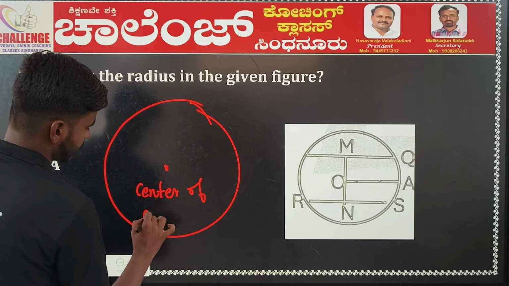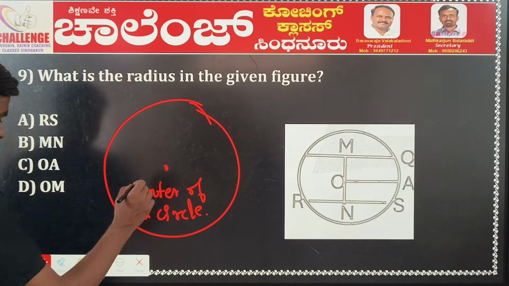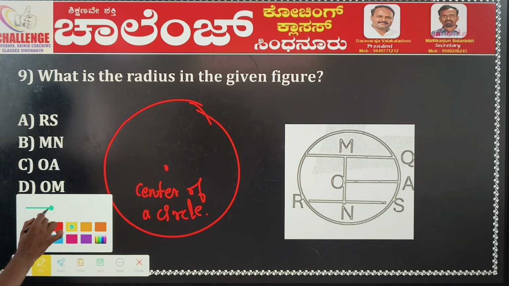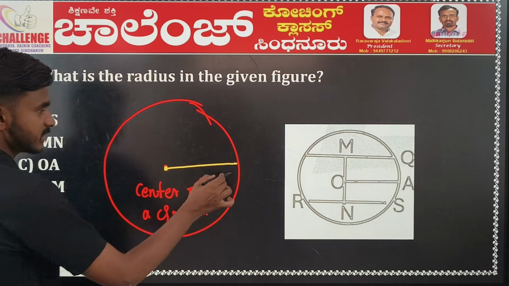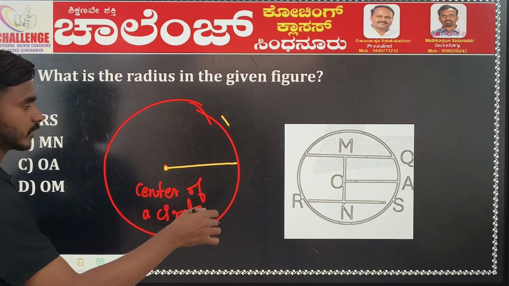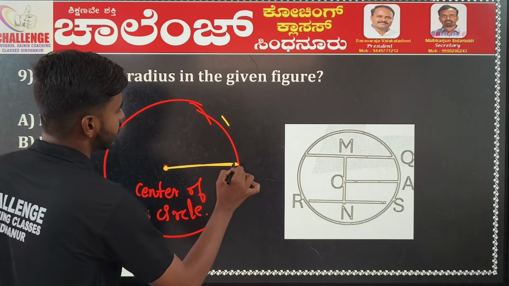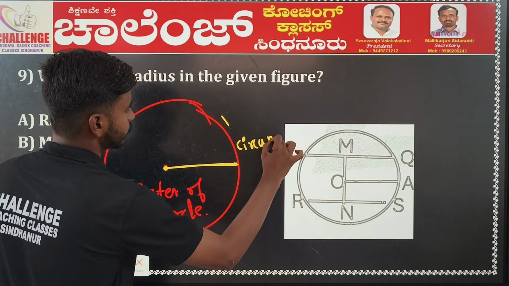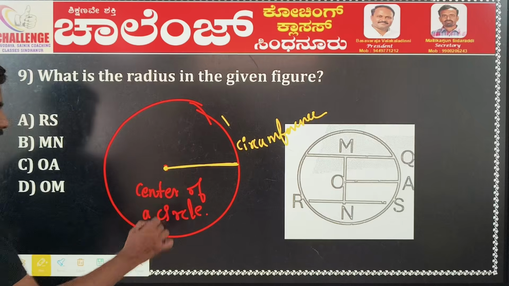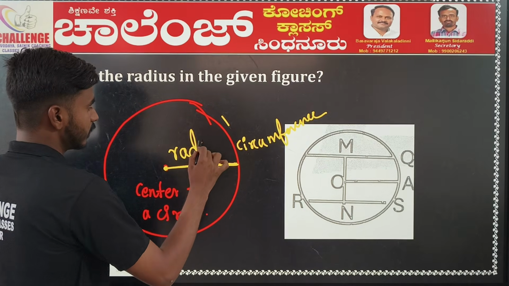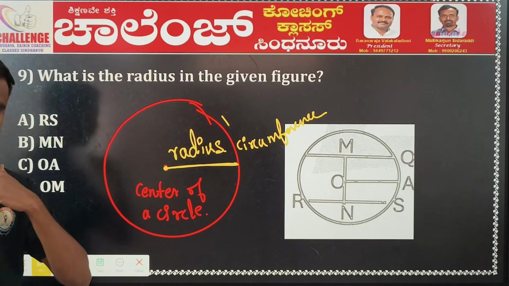If the center of a circle is joined to its circumference, this is the center of the circle, this is the circumference or the border of the circle, then this will be called a radius. So what is the radius? Radius is the link between the center of a circle and the circumference of a circle.